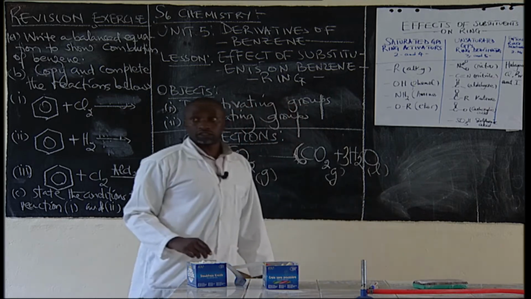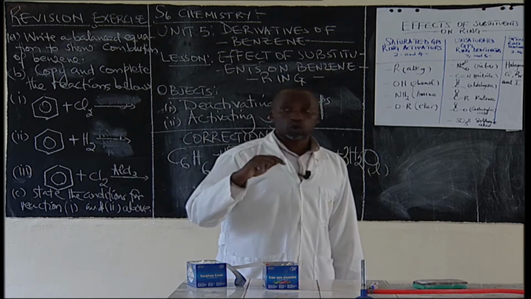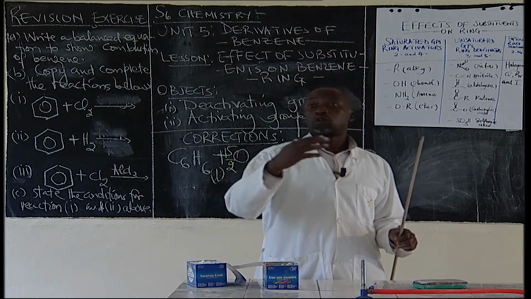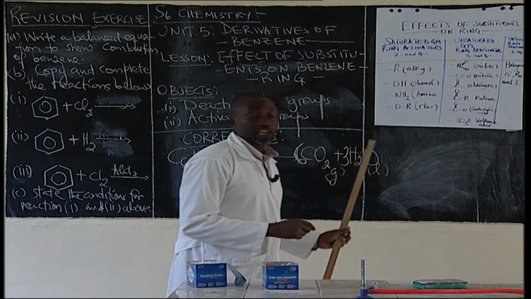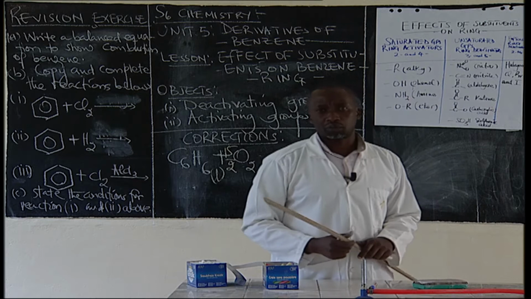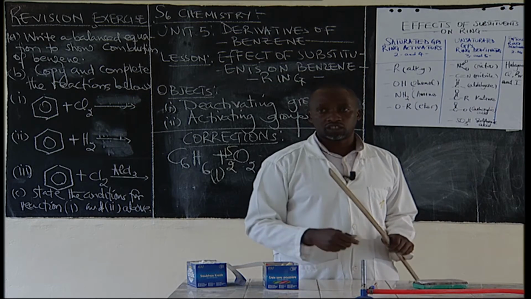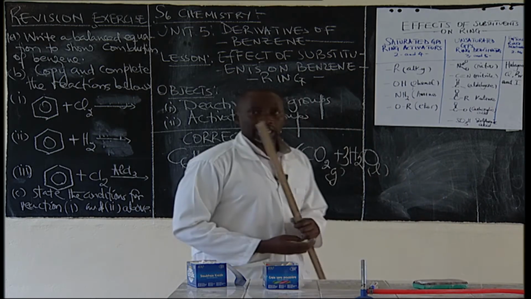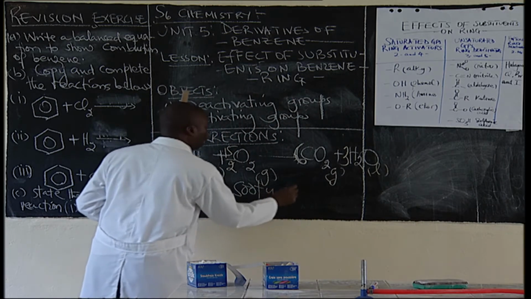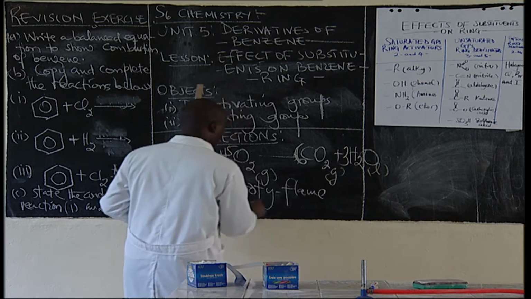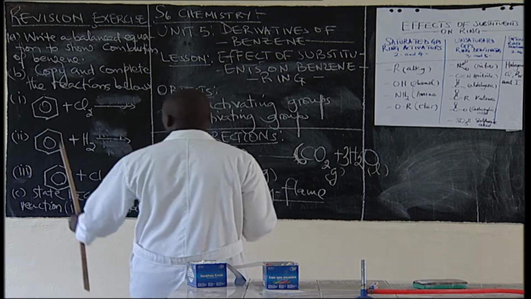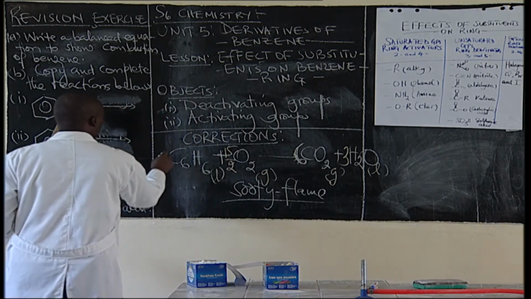Because of its high carbon content, when benzene burns it produces carbon dioxide and water, but with some particles of carbon. So it burns with a sooty flame, or we can call it a smoky flame. So that is part A, number 1.